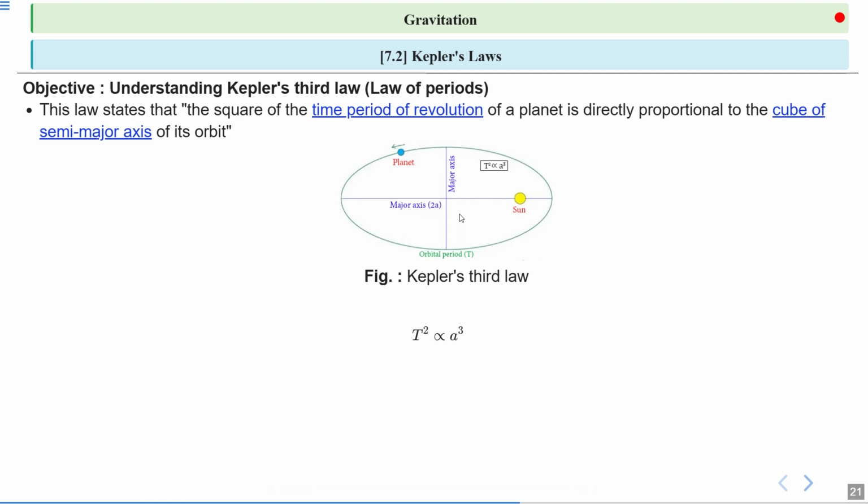Here T represents the orbital period, which is the time taken for one complete orbit, and a is the semi-major axis, which is essentially the average distance from the planet to the sun.